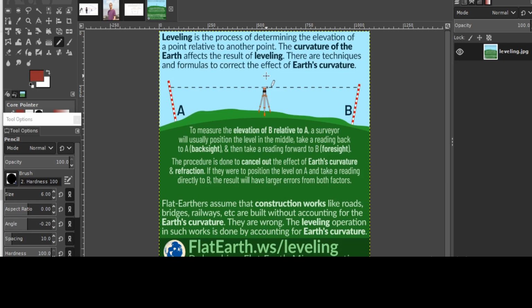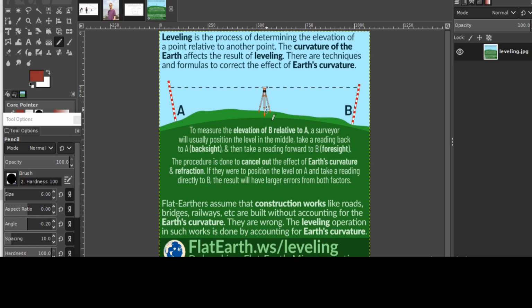Another thing to point out here is, of course, we are looking at this situation where we have a theodolite in the middle and we have these points A and B. This is not the view that we actually see. This is the view that is interpreted from the measurements made at point A and point B and in between.